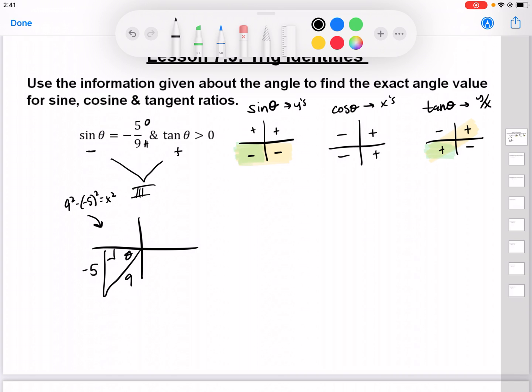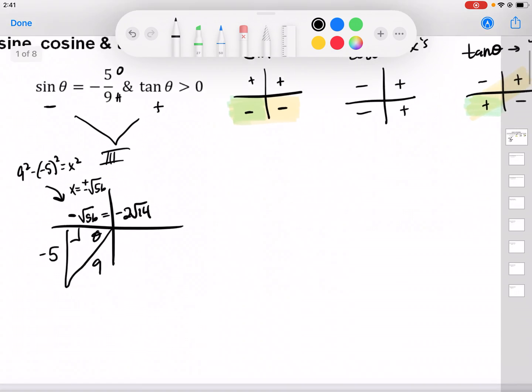So 9 squared minus 5 squared is 56, and x is equal to positive or negative square root of 56, which, since we're in the third quadrant, we're going to use the negative square root of 56, which is -2 square root of 14. So the x's have to be negative.